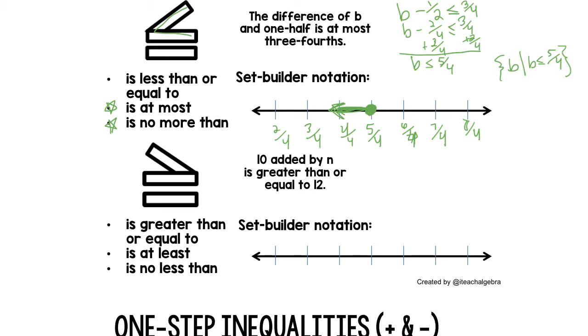Last but not least of these, let's look at greater than or equal to. It can also be used for "is at least" or "is no less than." We've got 10 added to n is greater than or equal to 12.